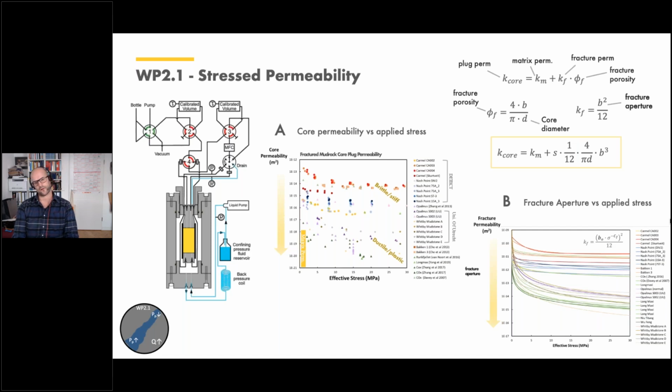So low in clay content, high in stiffness, while the ones that are very low in permeability, so close to matrix permeability, are usually those that are high in clay content and rather weak. And we consider them basically to be self-sealing. So we use this lab data to parameterize them to come up with pure fracture permeabilities that then serve as input data for the modeling. Next slide, please.